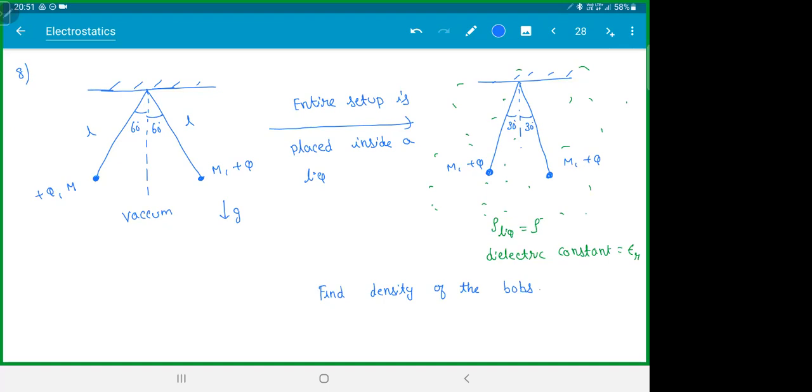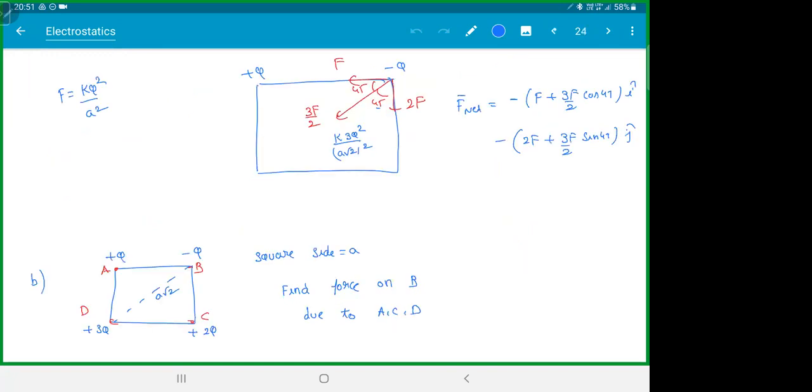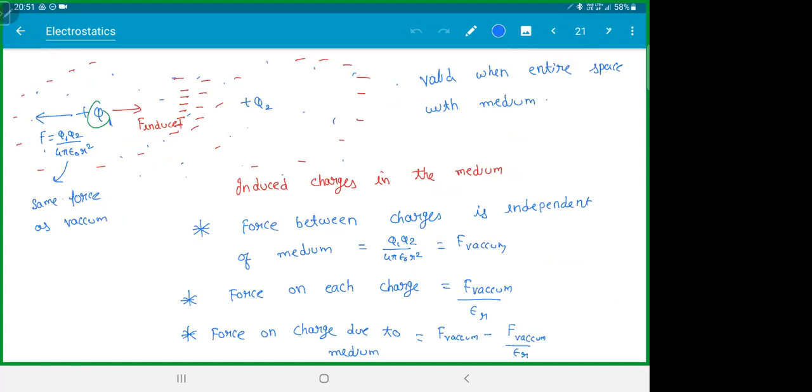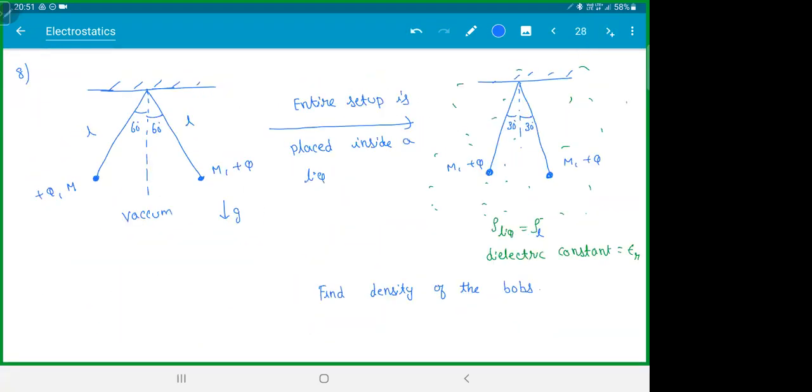When you kept them in a liquid, it suddenly became 30, 30. Density of the liquid is rho L. Dielectric constant is epsilon r. I hope you revised, everyone. Whenever you keep two charges inside a medium, the force on each charge becomes F by epsilon r. Get this. It's a good one. This would be an advanced easy to moderate question.